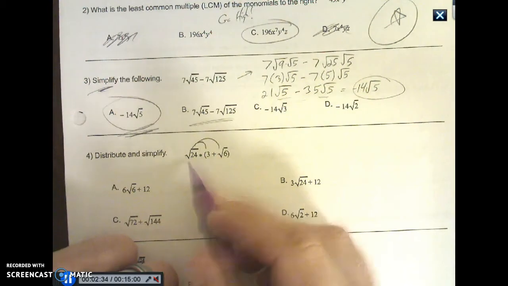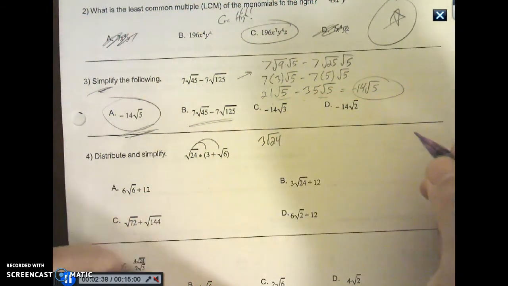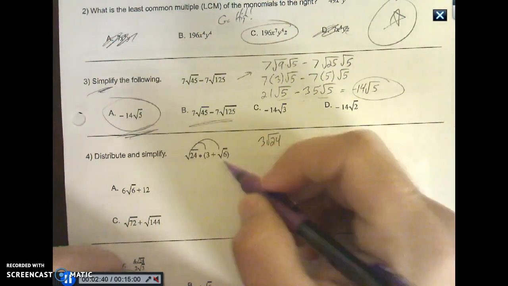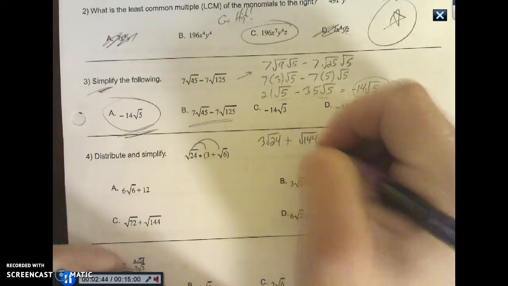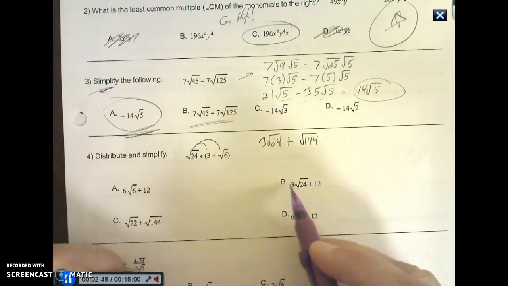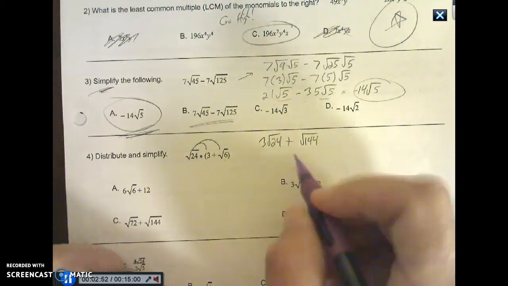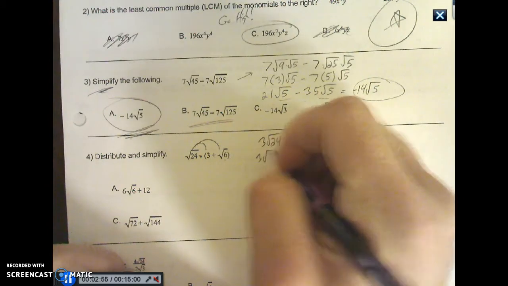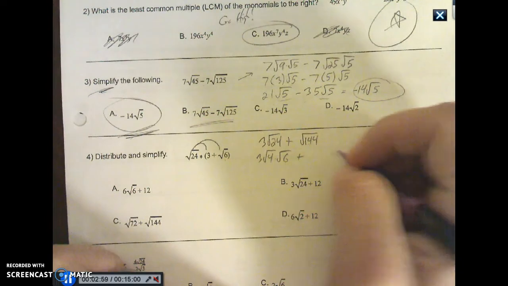I'm multiplying this in. 3 times root 24 gives me 3 root 24. Okay? But root 24 times root 6 gives me root 144. Now I'm breaking these down again. Okay? So yes, I see that this is right here. This is really close to it. But for root 24, I can have 4 go into it 6 times.